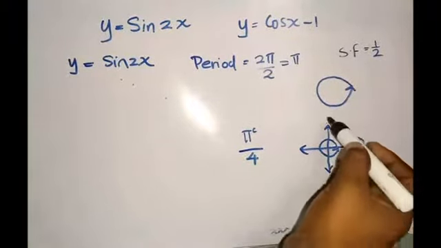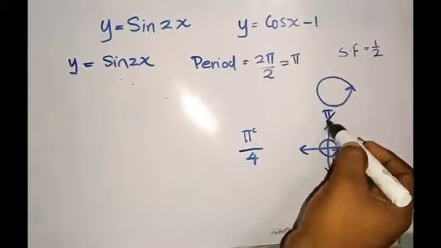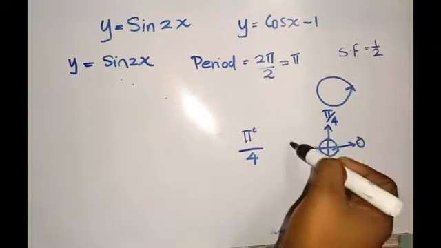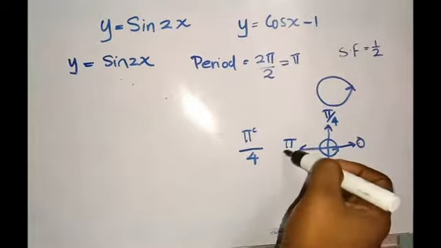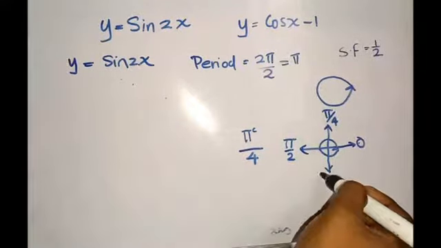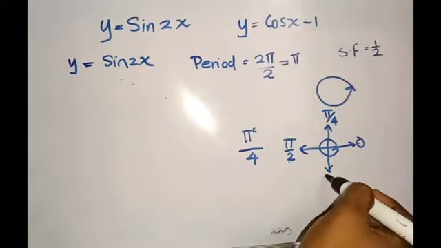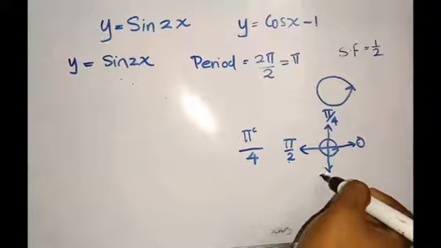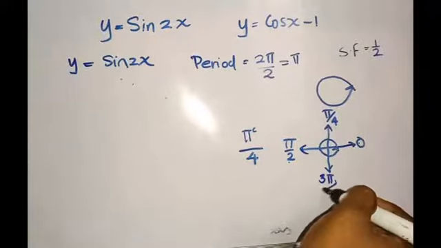So this is 0, and this represents pi by 4. It comes pi by 4 plus pi by 4, which is pi by 2. Then pi by 4 plus pi by 2, which is 3 pi by 4.